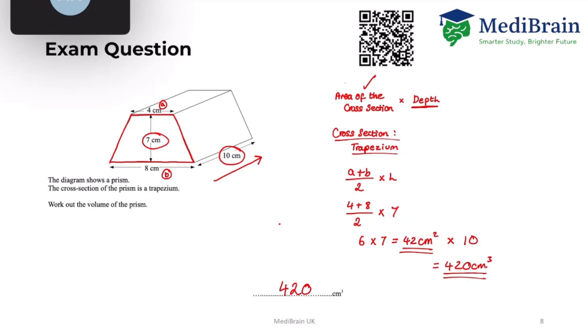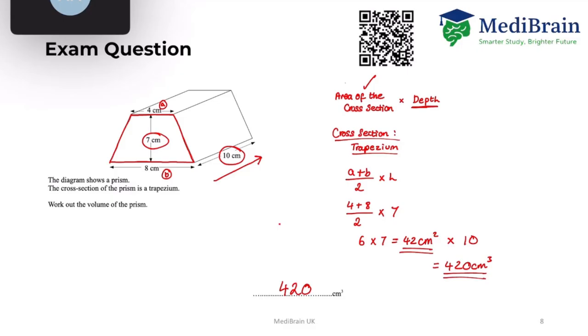So again, just to summarize there, all we did was we used the formula. Again, that formula is going to be key to any volume question of any prism. You work out the area of the cross section and then you multiply it by the depth. The area of the cross section is just the 2D shape. In this case, the 2D shape was a trapezium.